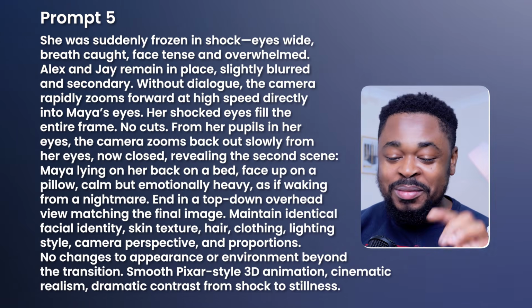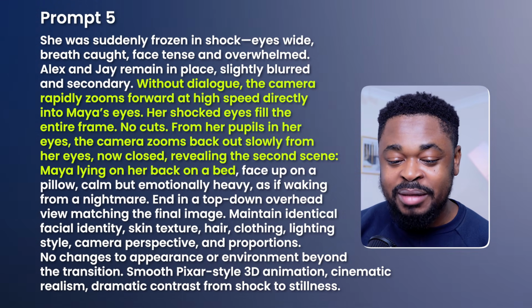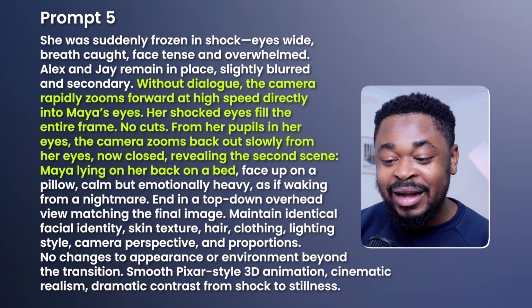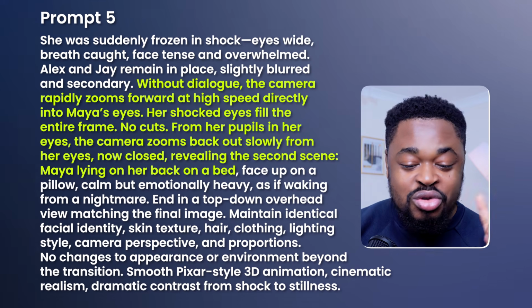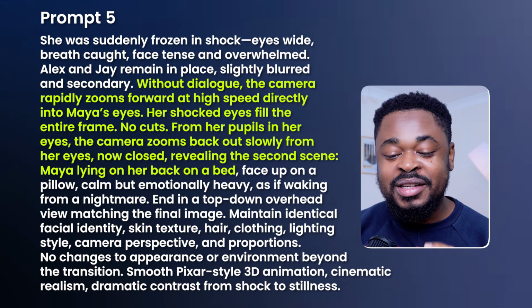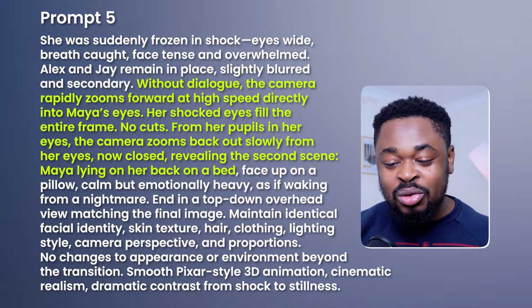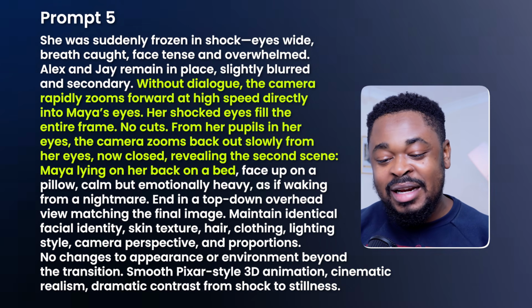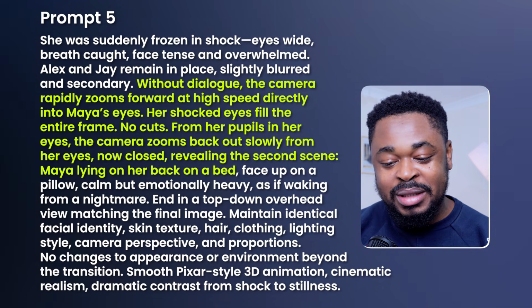The next thing that makes your video look cinematic is the transition from one scene to another. For example, in this prompt I said, without dialogue, the camera rapidly zooms forward at high speed directly into Maya's eyes. Her shocked eyes fill the entire frame, no cuts. From her pupils in her eyes, the camera zooms back out slowly from her eyes, now close, revealing the second scene, Maya lying on her back on the bed, blah, blah, blah.